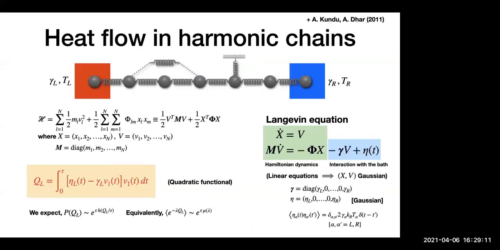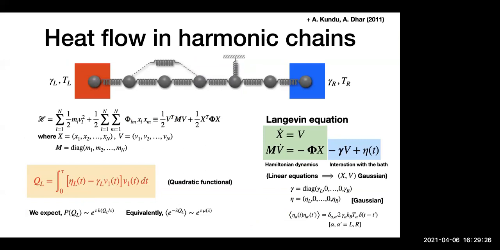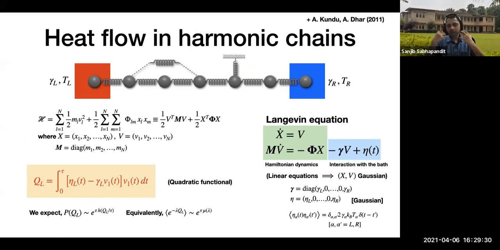Sanjib, is there an understanding of which kind of microscopic dynamics would give rise to such fluctuation relations, and is there any criterion? Yeah, so one criterion is, of course, if you have a system with a finite state space, then it always satisfies it, and whatever your prefactor is, it's always analytic.